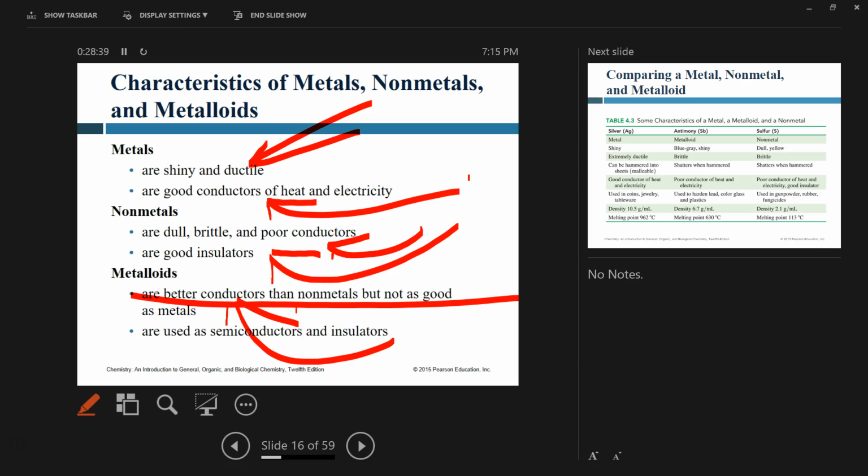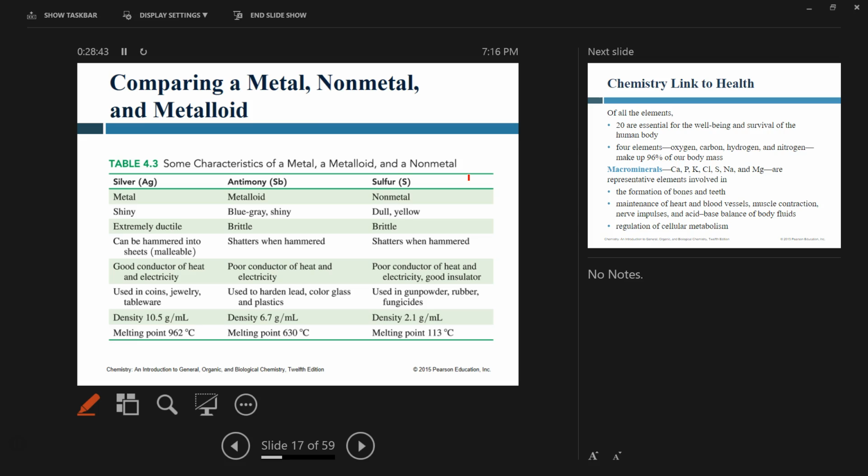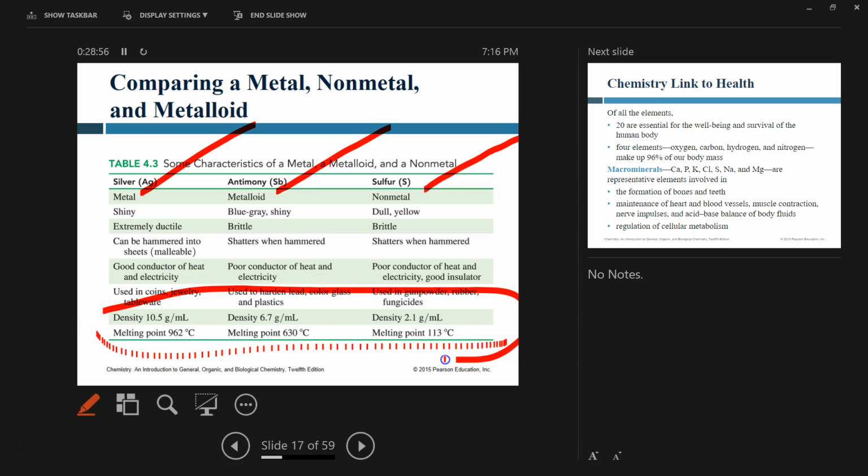Now, you will need to know the characteristics of metals versus metalloids versus non-metals. You don't need to know the numbers like this. No point in this. Does that make sense?